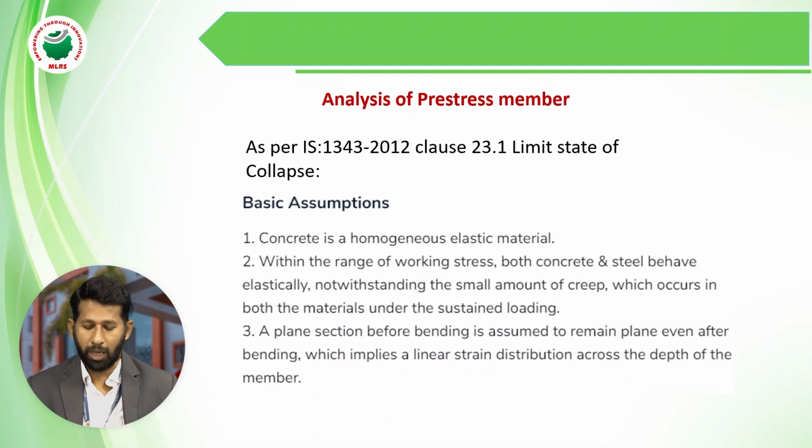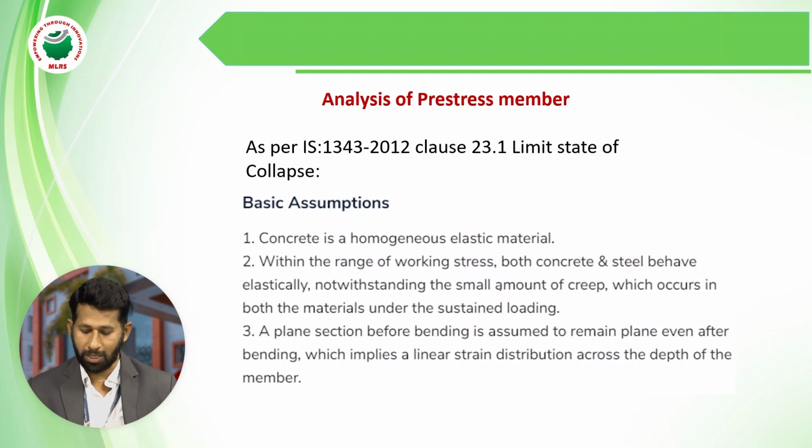Now let us go through the analysis of a prestressed member. As per IS 1343:2012 clause 23.1, ultimate limit state of collapse, these are the basic assumptions. First, concrete is a homogeneous and elastic material.